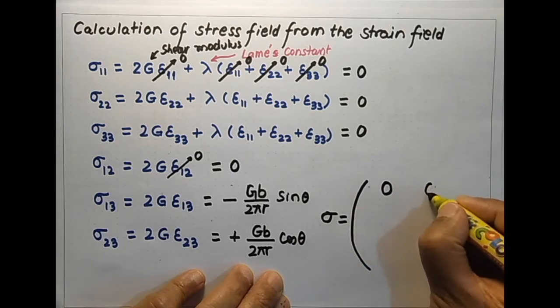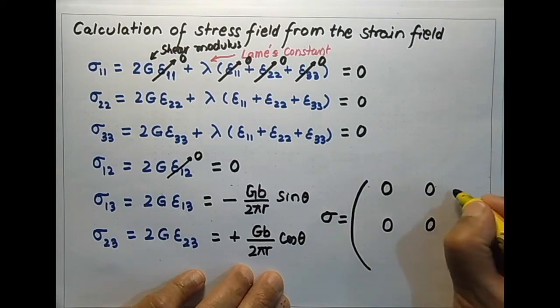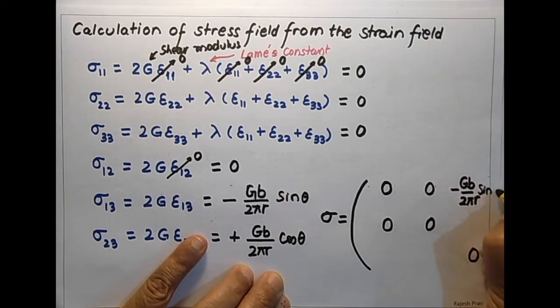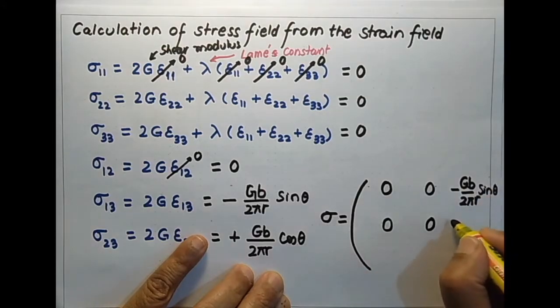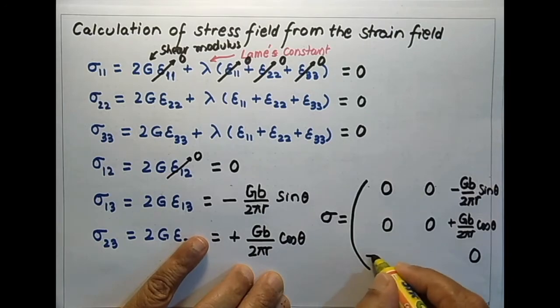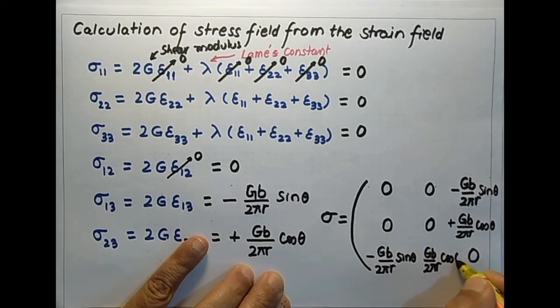These components are 0, and the non-zero components are minus Gb by 2 pi r sin theta and plus Gb by 2 pi r cos theta, and by symmetry these have the same value.